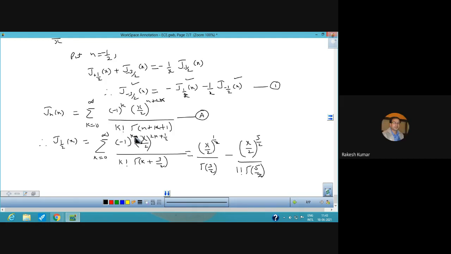And for k equal to 2, you will have a positive value, x over 2 raised to power 9 by 2, and divide by 2 factorial gamma 7 by 2. So similarly, so on. Now we just need to find out the values.